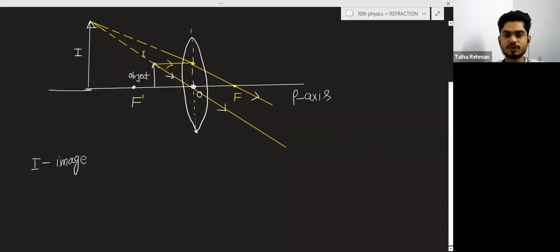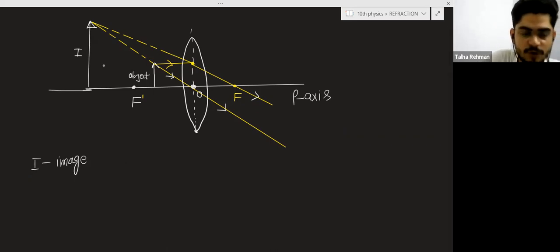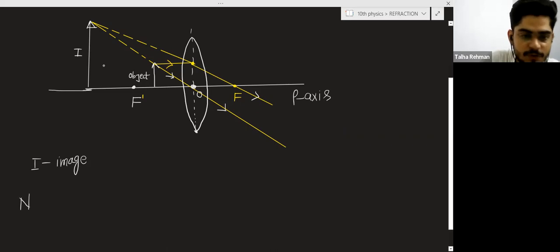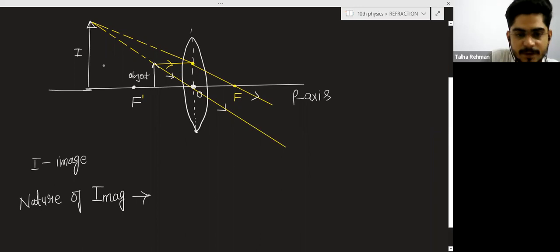From here you can see that the rays are not actually meeting, so this image will be a virtual image, and it is also erect. So when you talk about the nature of the image, you will say virtual and erect.